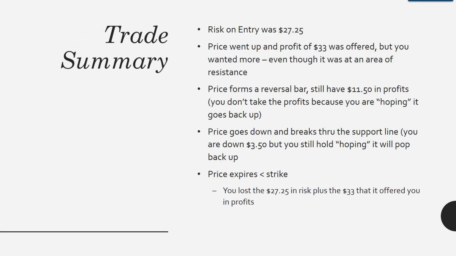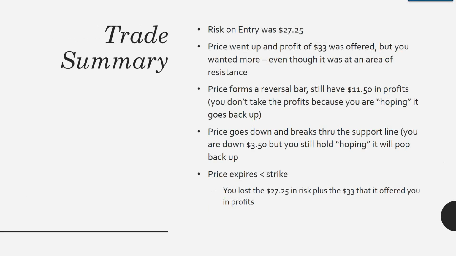The price forms a reversal bar. You still have $11.50 in profits, but you don't take the profits because you're hoping it will go back up. Price goes down and breaks this support line. You're down $3.50, but you're still holding, hoping it will pop back up.